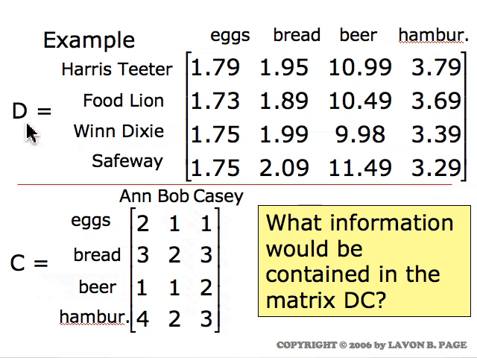Now when we multiply D times C, for example, doing row 3 of D times column 2 of the matrix C, we would be calculating the total cost of purchasing Bob's shopping list at Winn-Dixie as our choice of store. So the matrix multiplication now would give us every conceivable cost of purchasing any of the 3 shopping lists at any of the 4 stores.